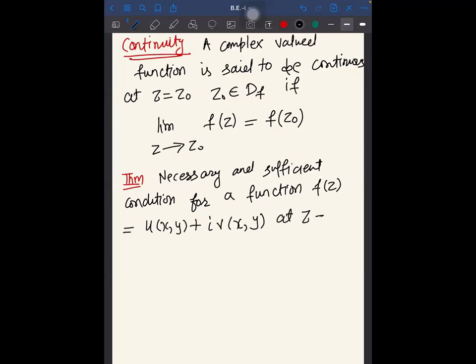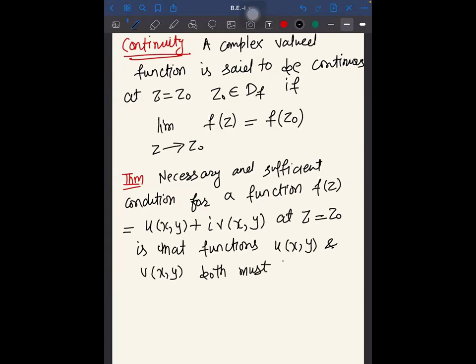At z equal to z naught, the functions u(x,y) and v(x,y) both must be continuous at z equal to z naught, right?